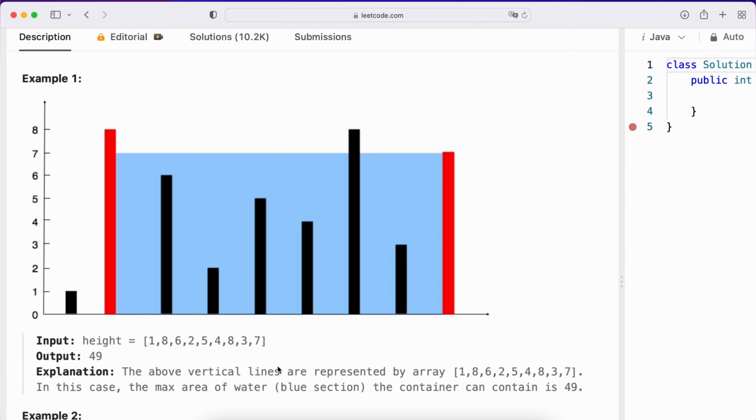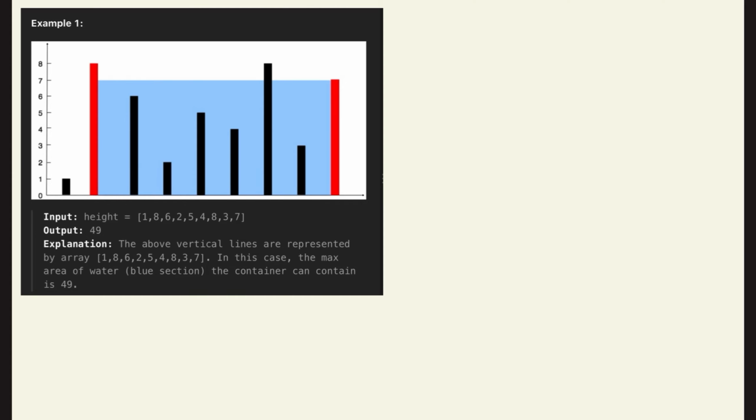So how to solve it? Let's discuss. To solve it, we need to use an algorithm called two pointers. The first pointer is left, the second one is right.